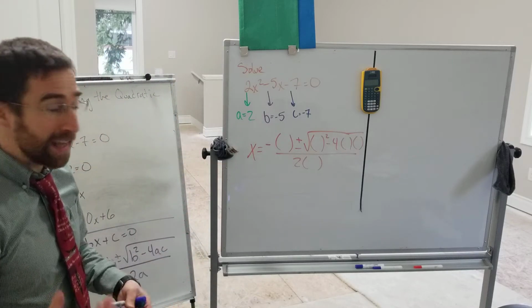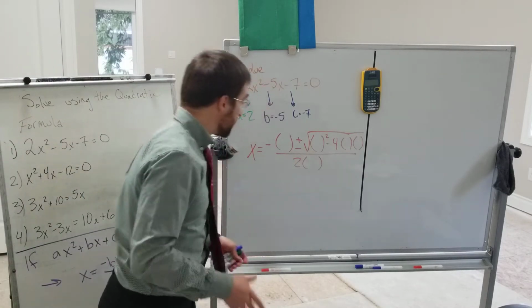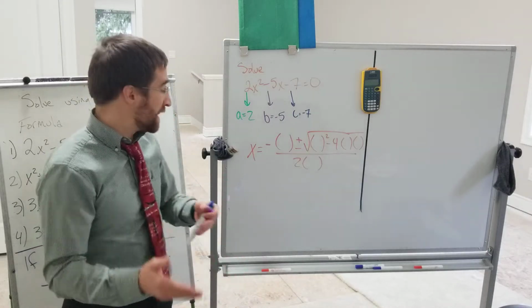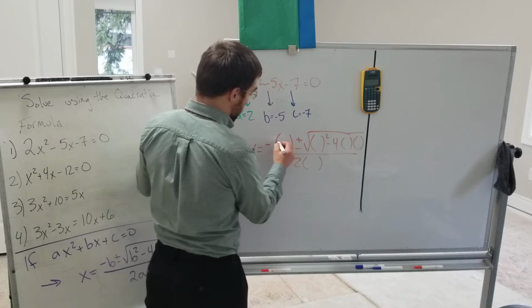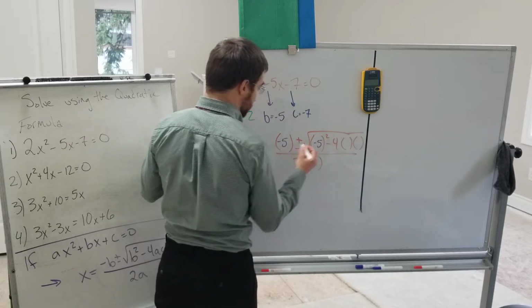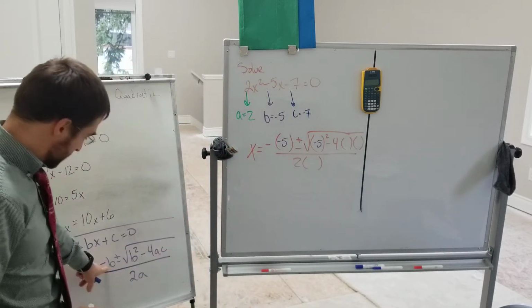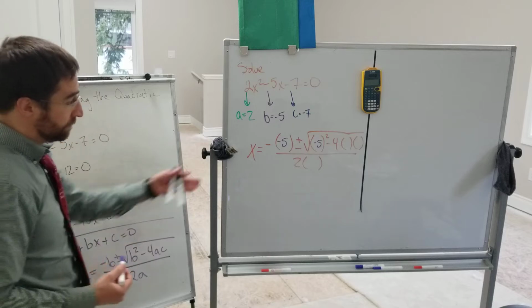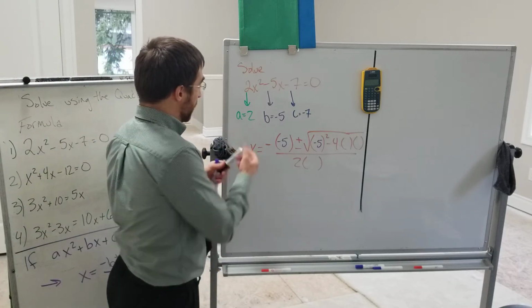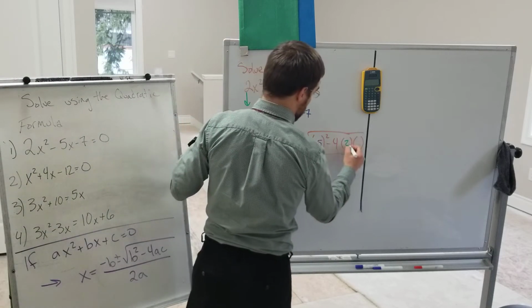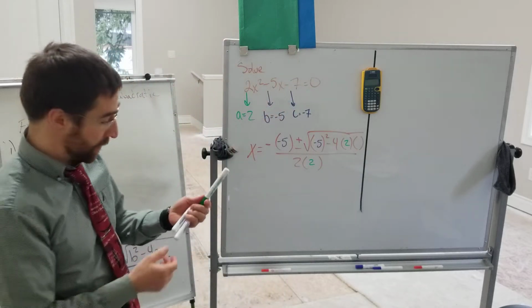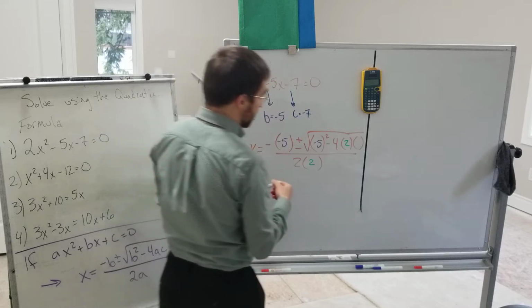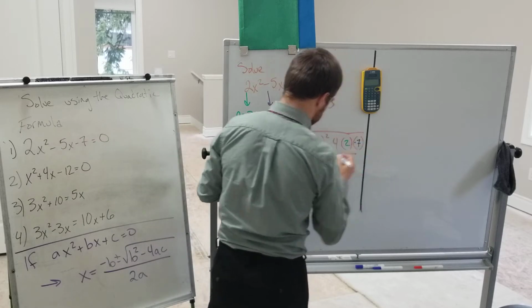But instead of writing a, b, and c, I put parentheses there so that I can replace them with the numbers here. So everywhere a b is supposed to go, I'm going to put a -5. B is opposite of b, and then b squared. Wherever a goes, I'm going to put a 2. So it's 4ac, and then 2 times a on the bottom. And then the -7 is our c value, so that goes right here.